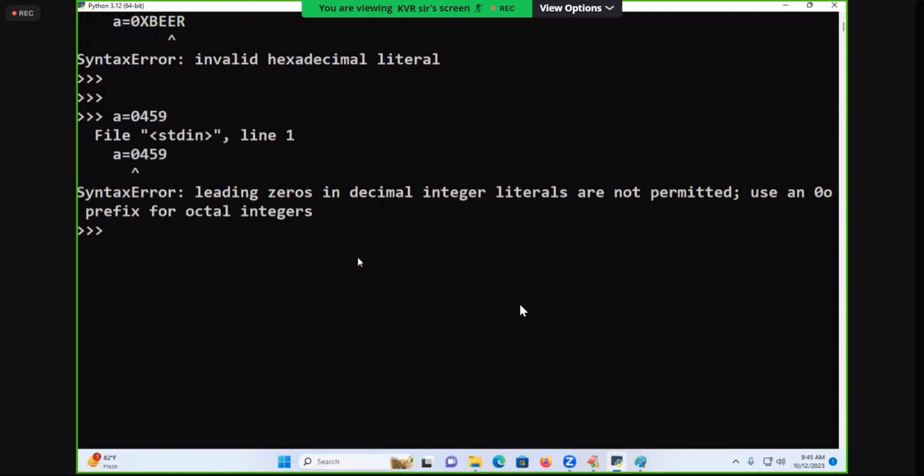No B, no 0B, they are thinking not binary. 0O, not octal. 0x, not hexa. Remaining is what? Integer. Integer is nothing but decimal number system. They are saying that. Wrong answer. That's why when I say, it is 100% result.